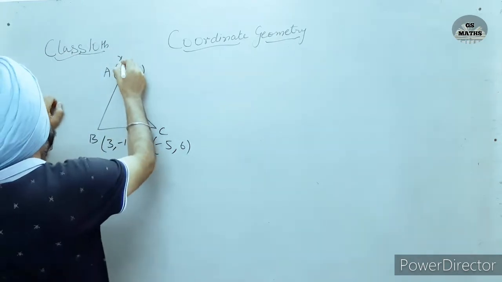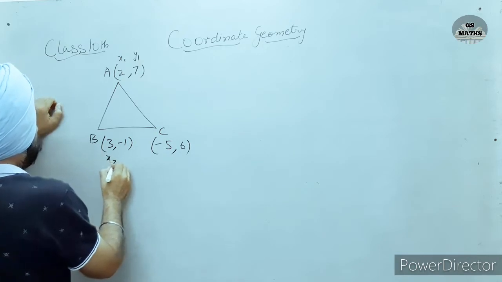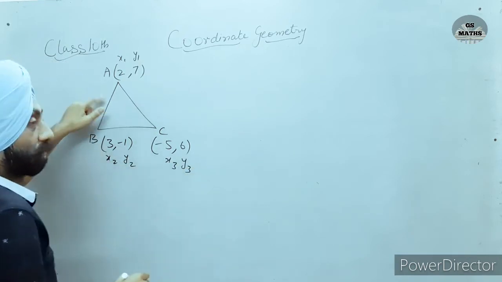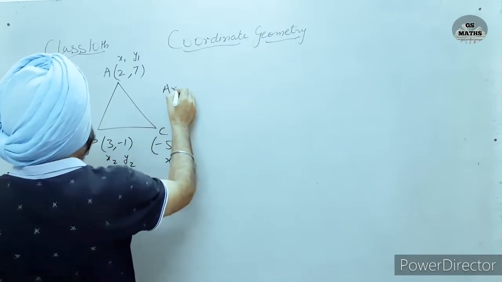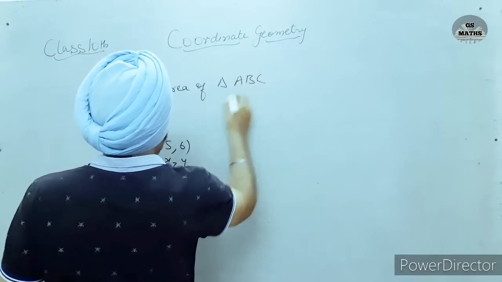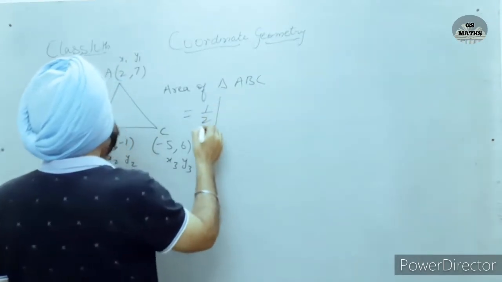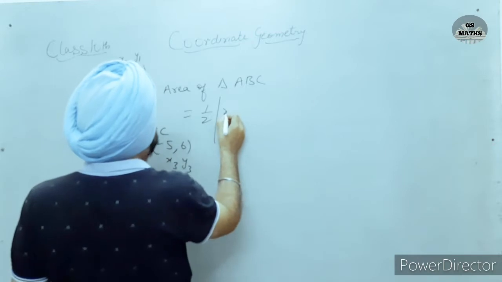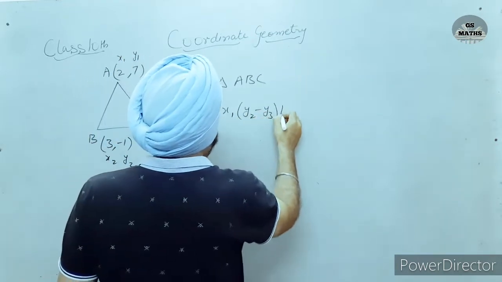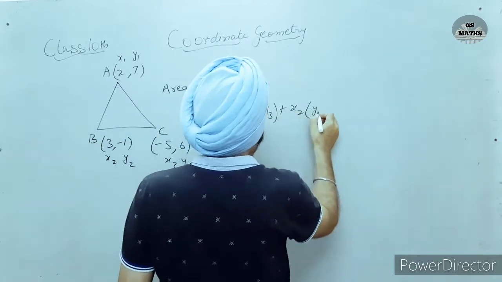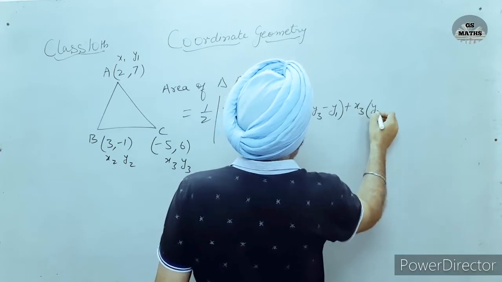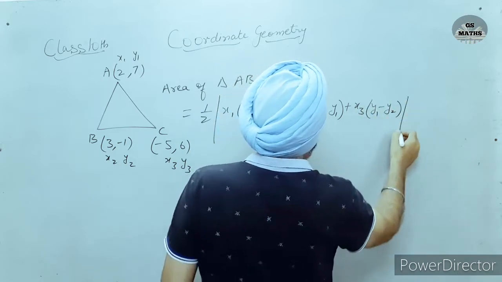So this is my x1, y1, x2, y2, x3, y3. I want to calculate its area. So area of triangle ABC is half, right, x1, and let me write the formula first: y2 minus y3 plus x2, y3 minus y1 plus x3, y1 minus y2.